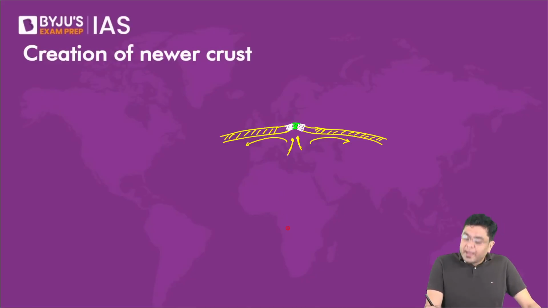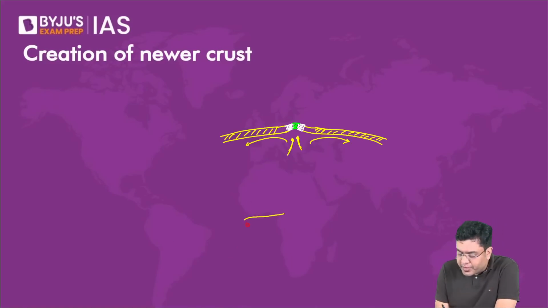Isn't it? Again, after some time, what will you have? You will have a condition where the older ones are pushed aside because of that convection current that you see. So you will have a situation where the older ones are continuously pushed to the side.